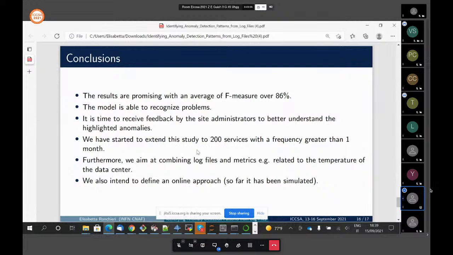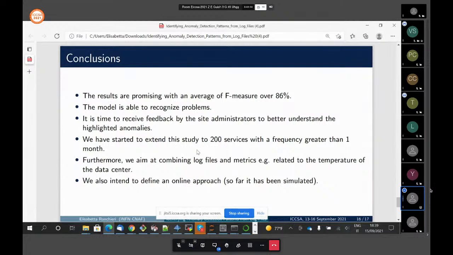With the results that we get, we think this is the right moment to receive feedback by the system administrator in order to have a better understanding of the anomalies that we have identified.